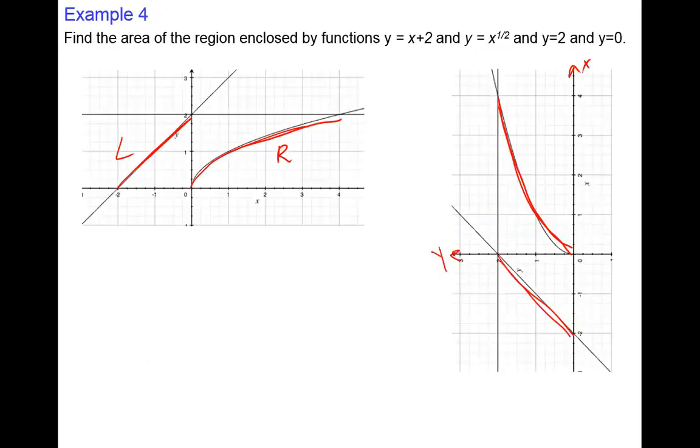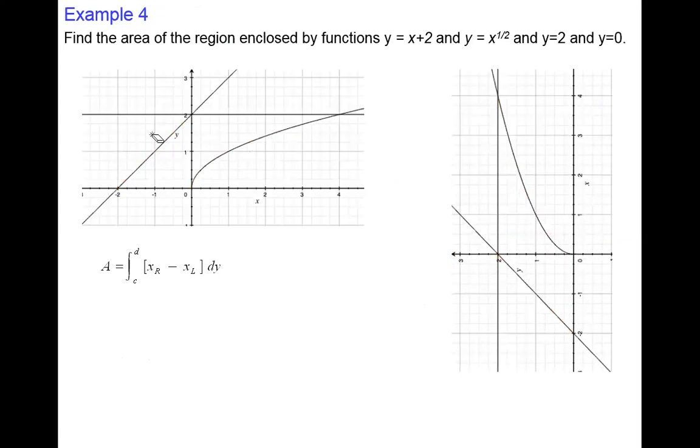Let's come back to this one. We don't have to look at this. This is just flipped if you think it's helpful, but we don't have to look at it. Let's look at this one. That means I will integrate this way. Let me put this is the equation square root of x. Solving for x, I will have y squared, positive y squared. That's what will be my right equation.